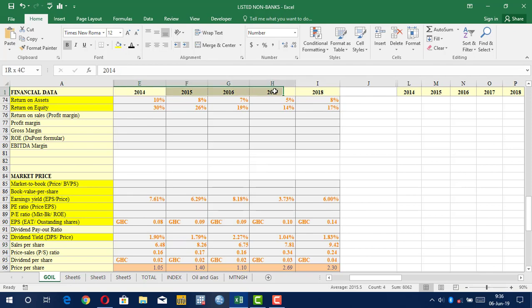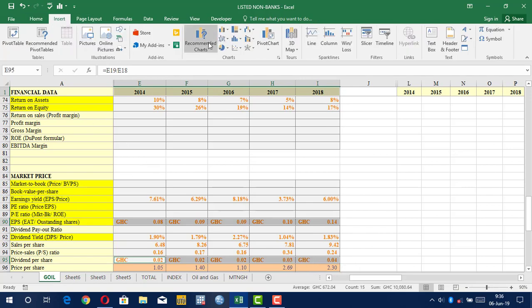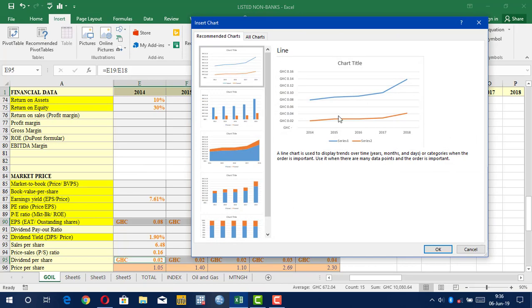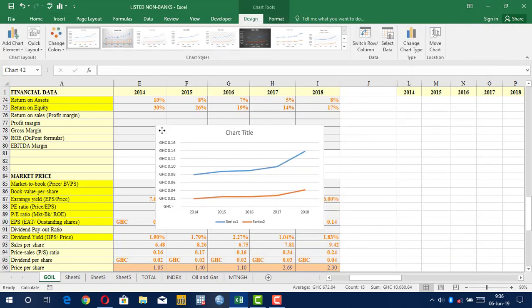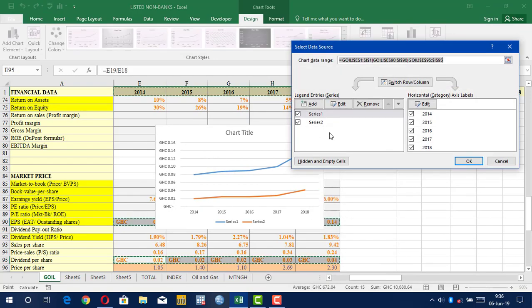Okay, let's select earnings per share and the dividend per share. So let's see how the company fared. Select.